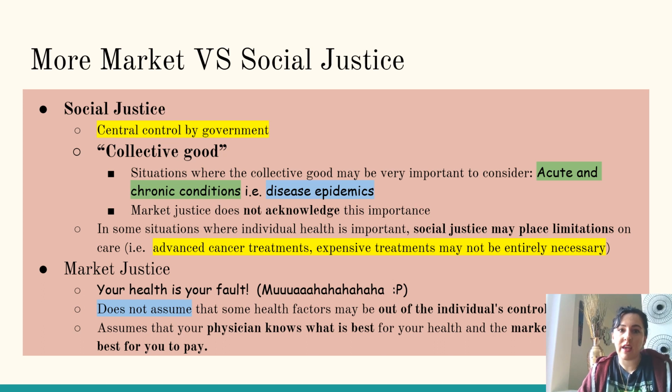So in a social justice system, like I said, healthcare is a collective good, right? It's going to be the responsibility of society, which really just means it's the government's responsibility, because the government represents society.